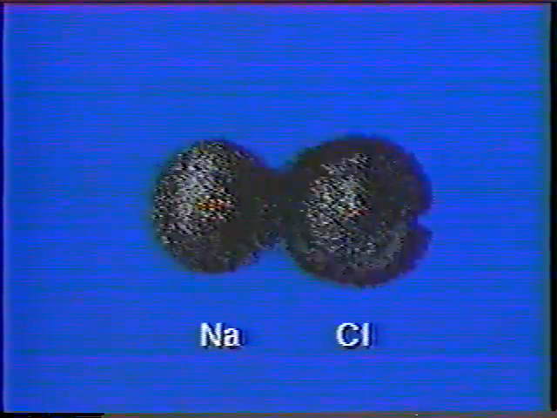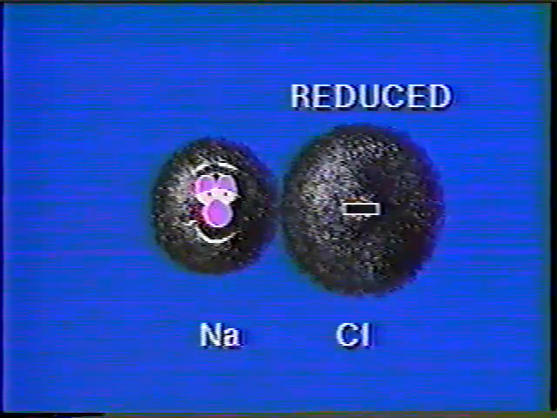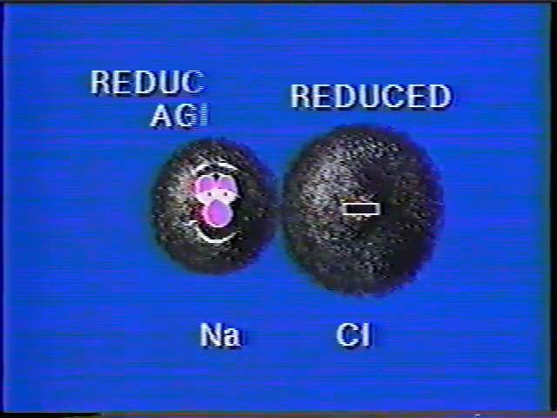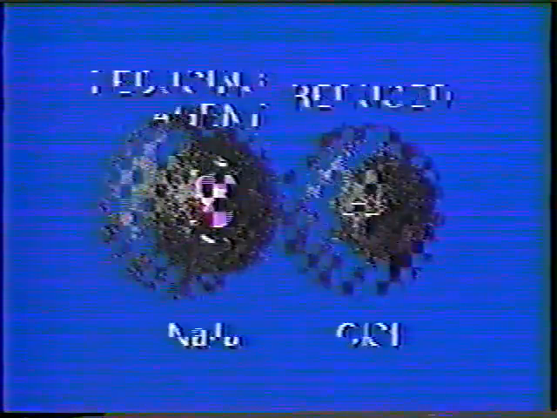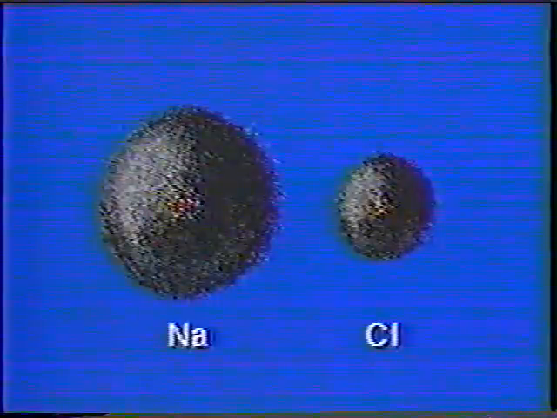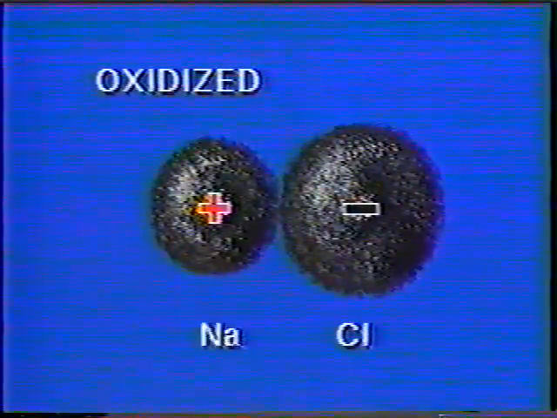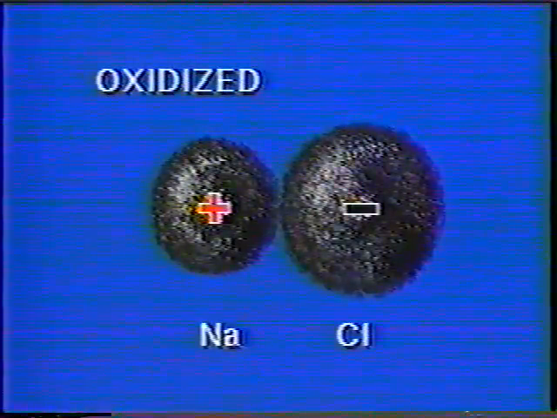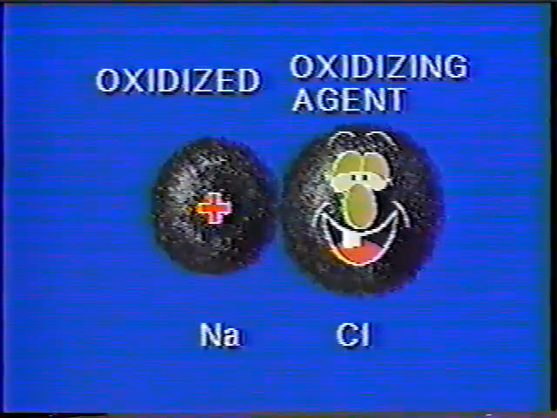One atom is reduced, so the culprit that causes it to happen is called a reducing agent. Looking at it the opposite way, the sodium is oxidized. So the perpetrator that causes the oxidation, the chlorine atom, is called an oxidizing agent.